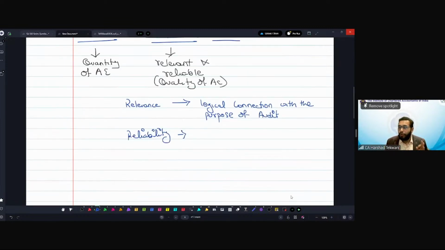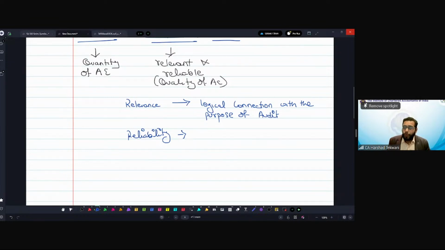Now we are talking about reliability of the audit evidence. We have discussed this multiple times, and we just now also discussed that audit evidence obtained from external or independent sources is more reliable than compared to the internal sources.